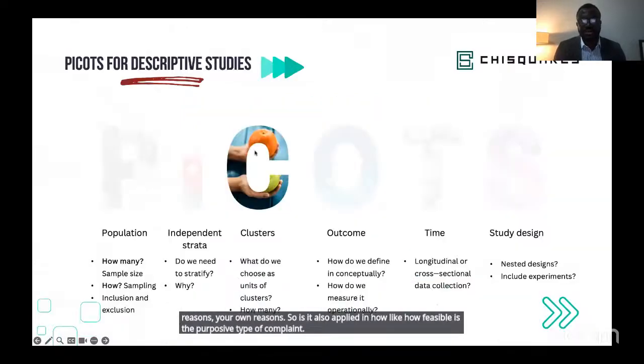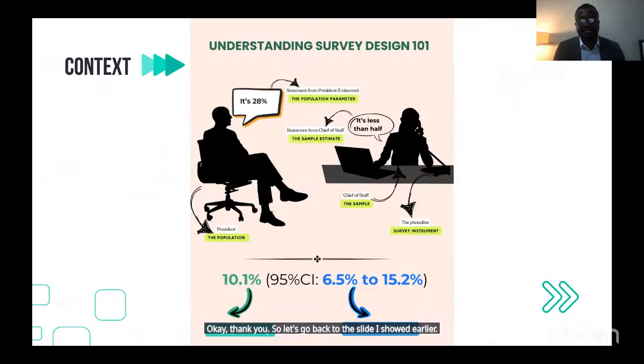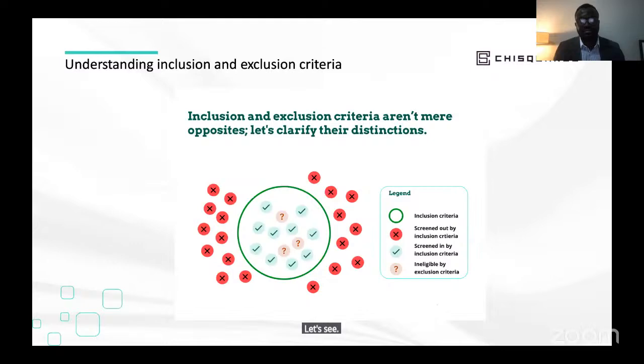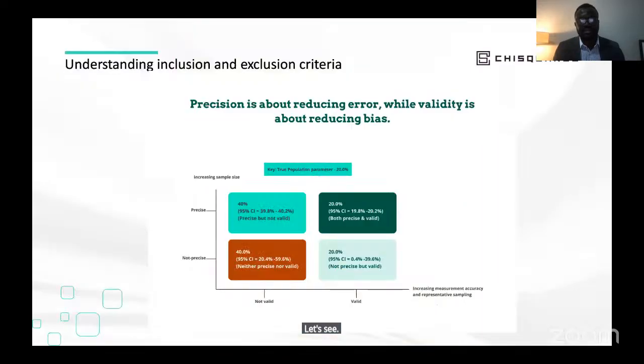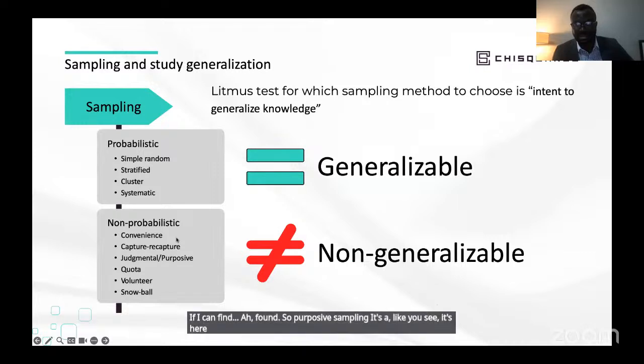Okay, thank you. Let's go back to this slide I showed earlier. Purposive sampling, like you see, is here under non-probabilistic sampling. Now, can you use it? Of course, you can use it.